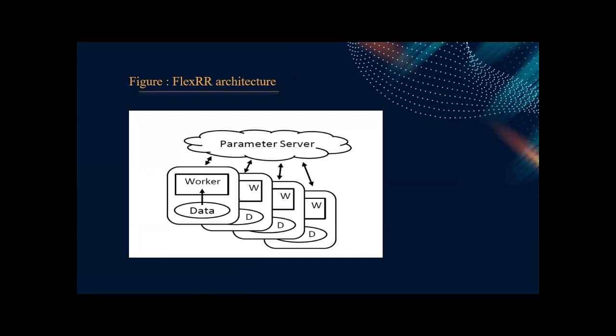Now the data is represented by D. This represents the data that the workers will process to train the machine learning model. And the parameter server here is the central repository that stores the current state of the machine learning model parameters. Workers can access and update the model parameters from the parameter server itself.